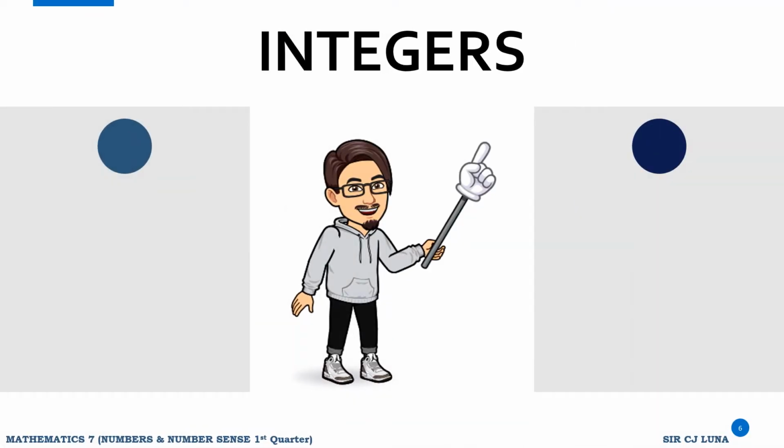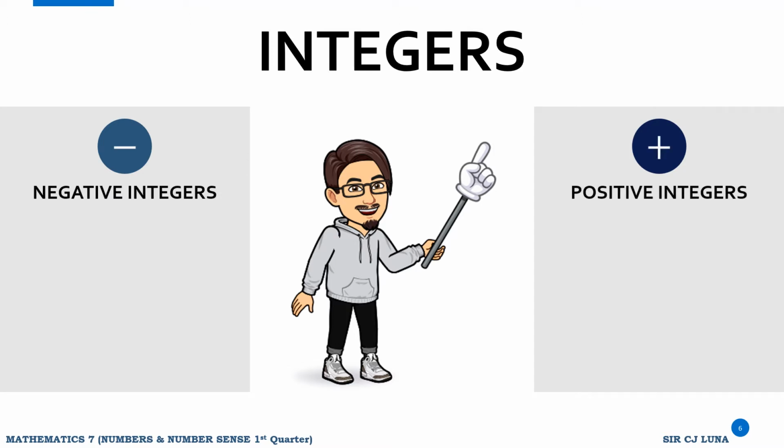Now that we know the placement of our integers on a number line, let us now tackle more of these integers. We have negative integers and positive integers. So what are negative integers? These are numbers on the left of 0. They are less than 0.